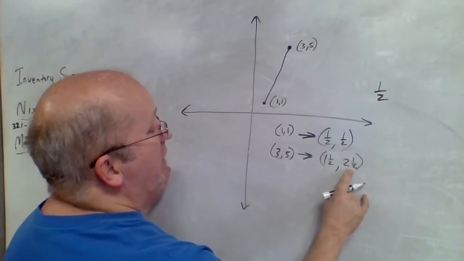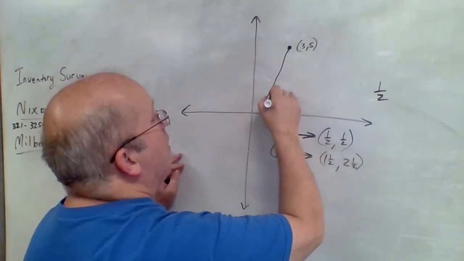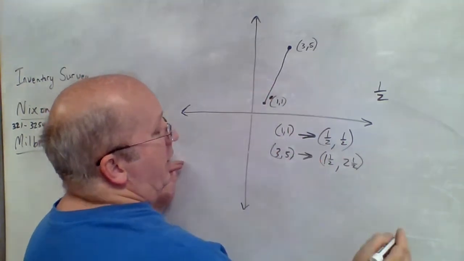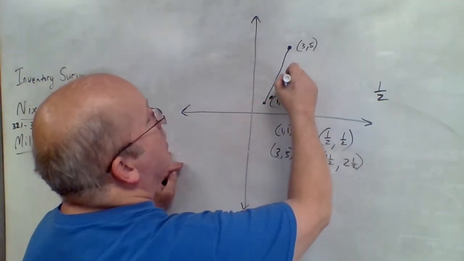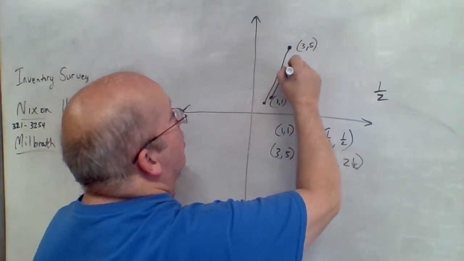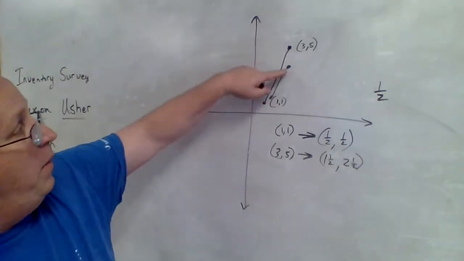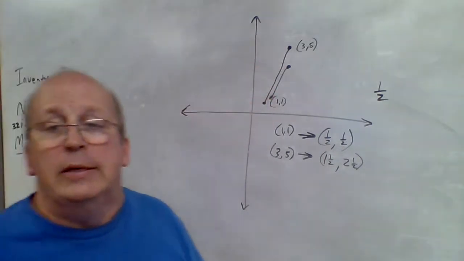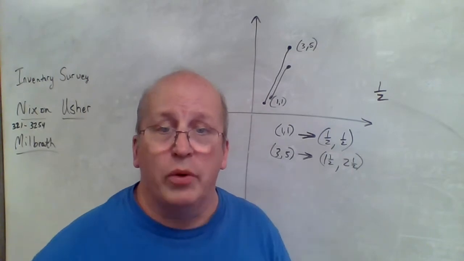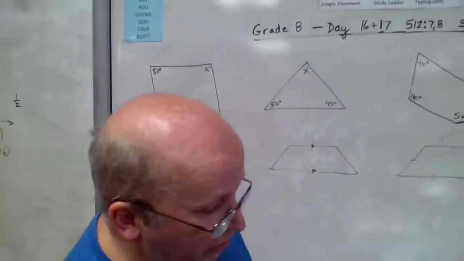The new dots would be located about here. In other words, this time our line segment shrunk. It became about half of its size. So that's what you're doing on page 512, numbers 7 through 8.